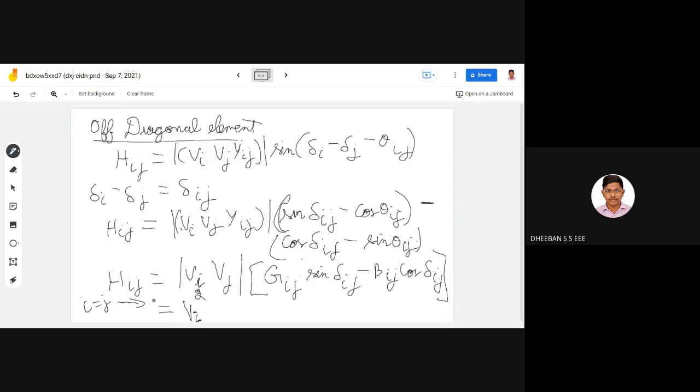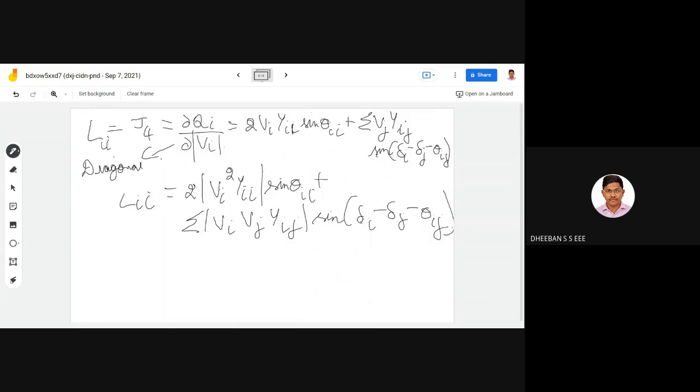So Vi square, followed by Bii minus Qi. So your Qi becomes coming with this formula. So if you want to just refer with respect to your NR, the remaining elements will be contributing to your reactive power.